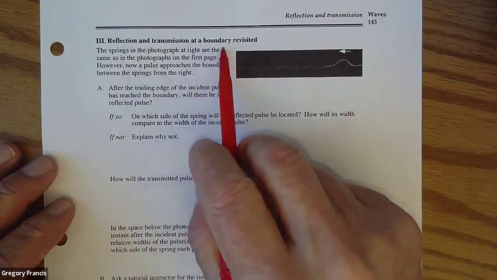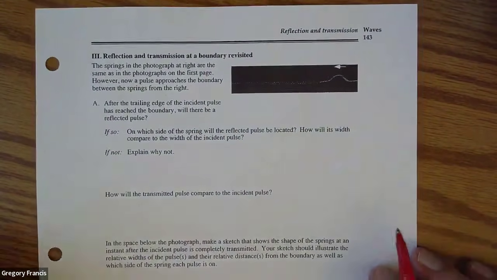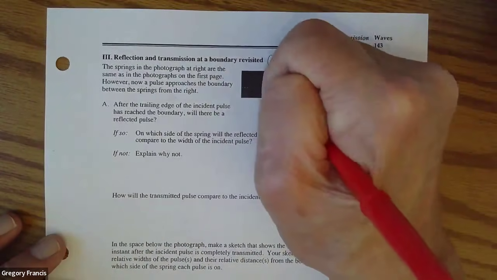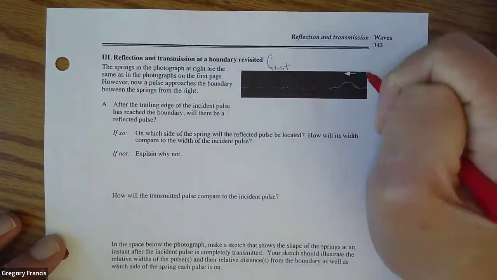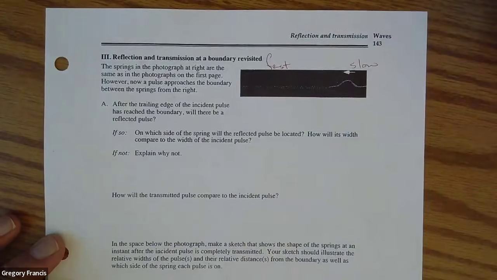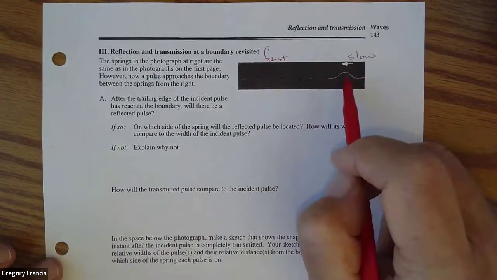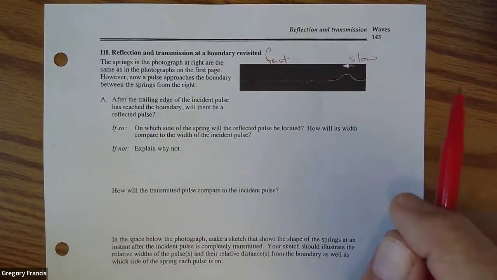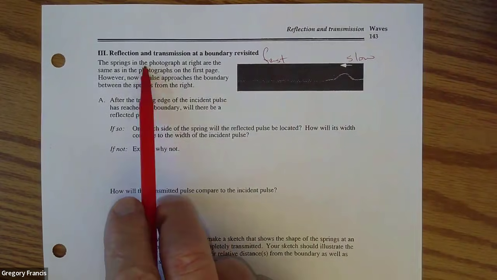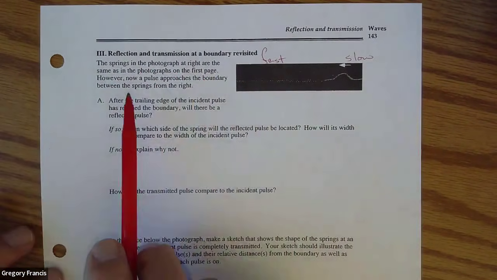Now, reflection and transmission at a boundary revisited. So here we've got the same two pulses where this is the fast spring over here and this is the slow spring there. But this time the incident pulse, the mother pulse, is coming from the slow side. And we're told that the springs in the photograph at the right are the same as on the first page, okay?